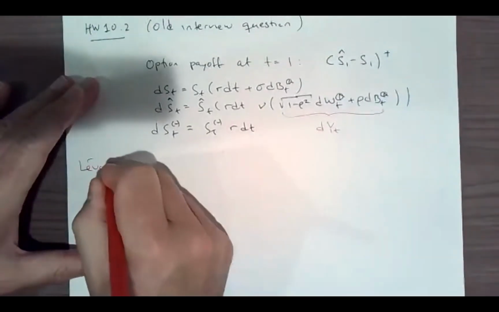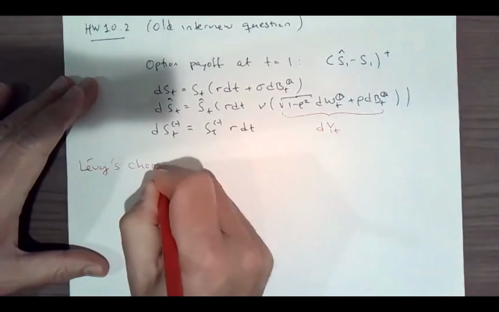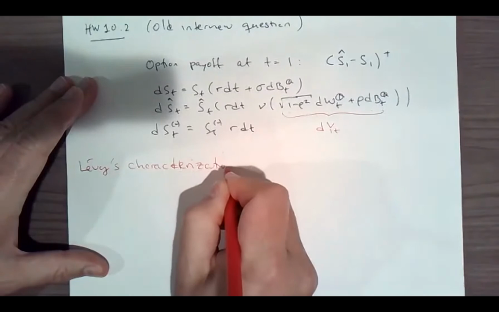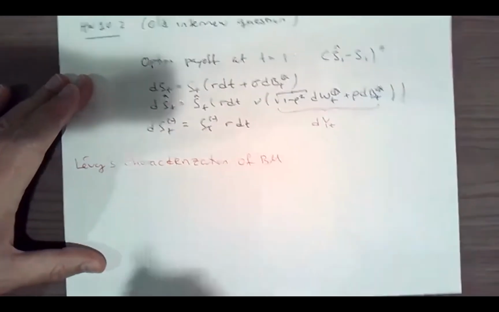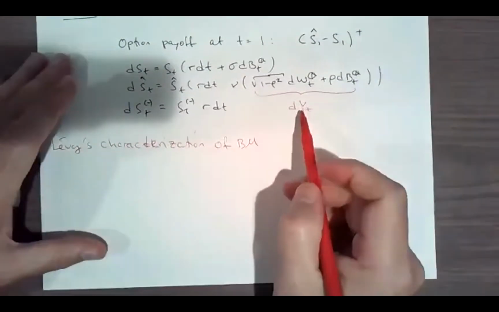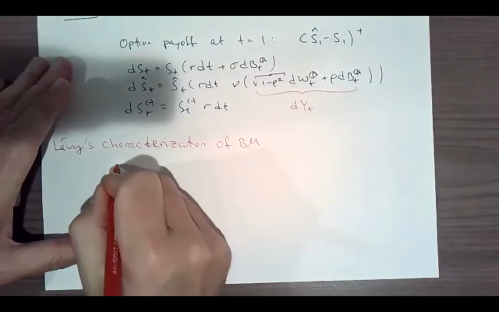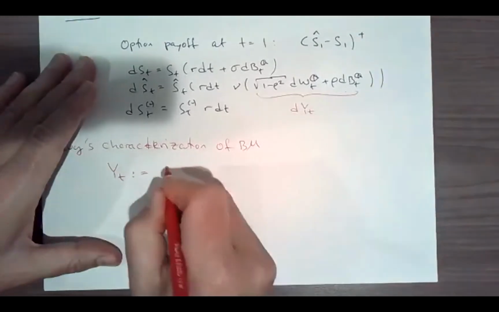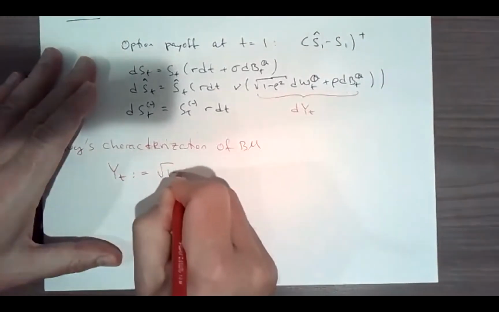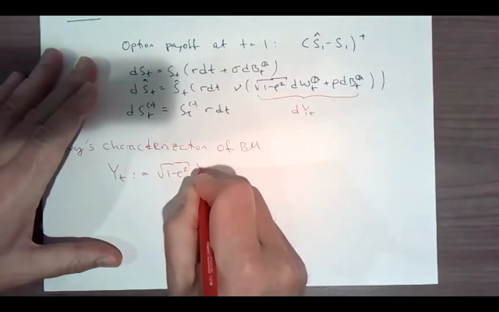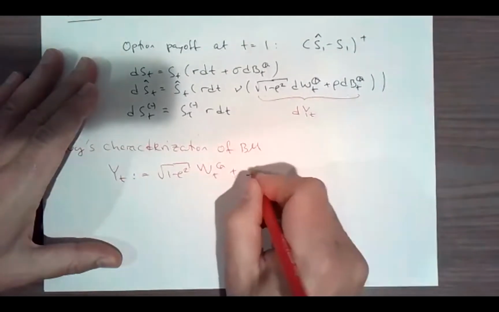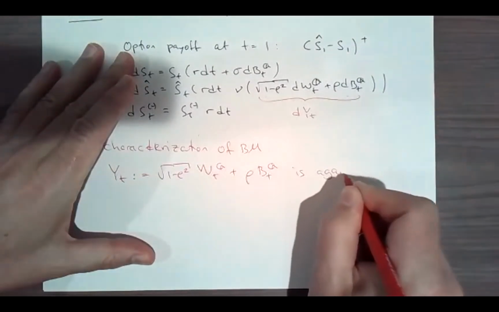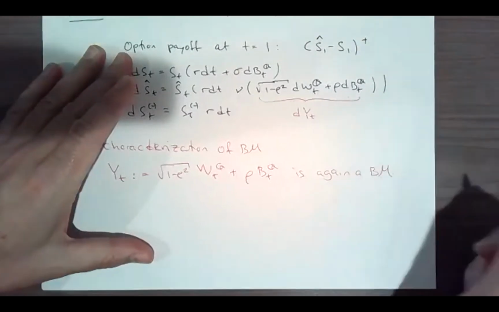And the reason that you see this construction is because of what's called Levy's characterization of Brownian motion. It says that this Y_t, defined to be the square root of 1 minus rho squared times W_t^Q plus rho times B_t^Q, is again a Brownian motion.